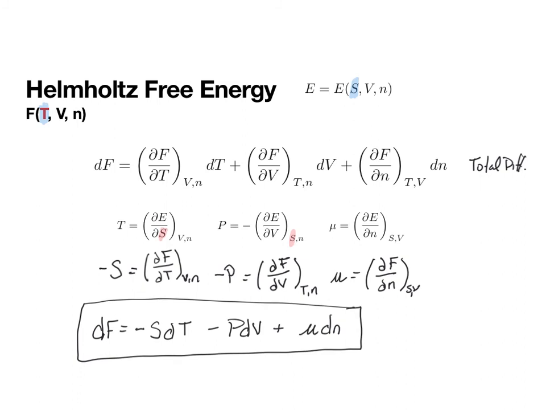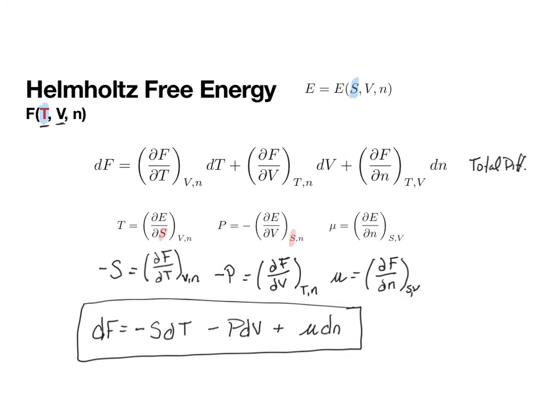It turns out that the Helmholtz free energy is a very useful term because temperature and volume are two things that we can really control, easily change within a system, and easily measure.